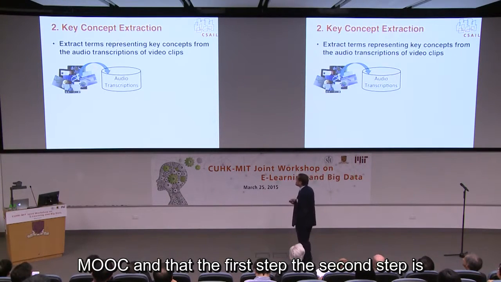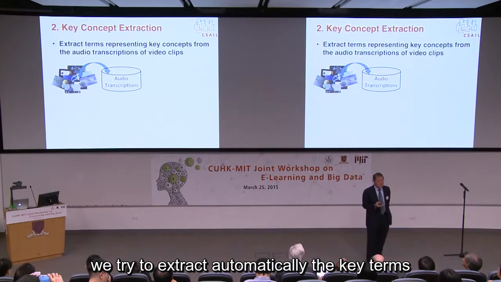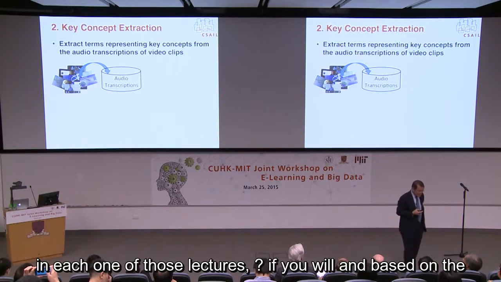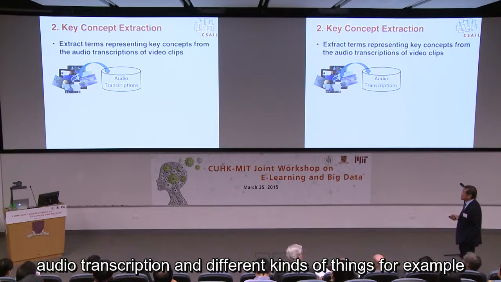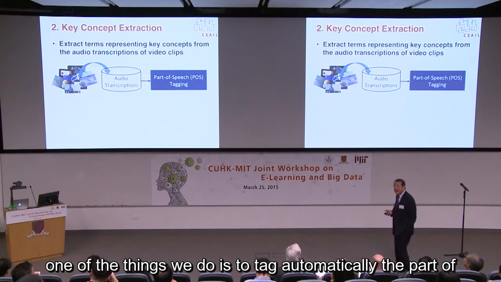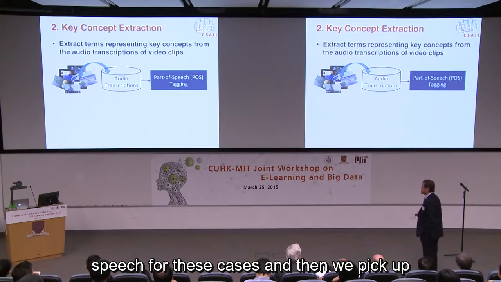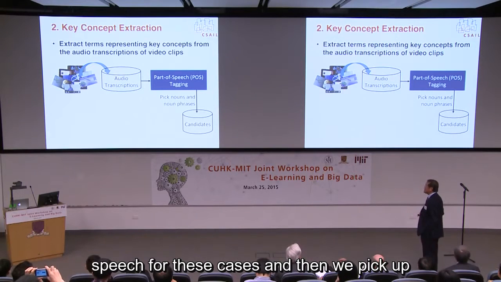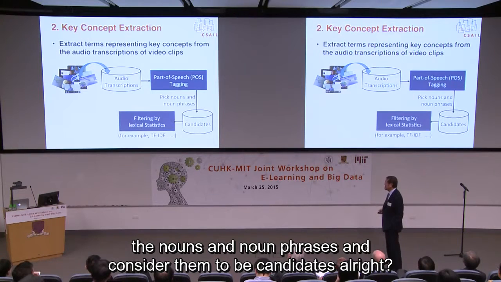The second step is we try to automatically extract the key terms in each one of those lecture vignettes, if you will. Based on the audio transcription, one of the things we do is automatically tag the parts of speech. Then we pick out the nouns and noun phrases and consider them candidates, all right?